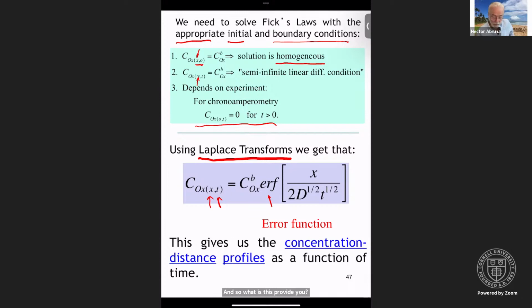It tells us the concentration of Ox as a function of x and time t. x is distance and t is time. So those are basically the concentration profiles, how the concentration of Ox varies with distance x and time t. Everything else here is a constant, right? And so this expression tells you how the concentration distance profiles evolve as a function of time.